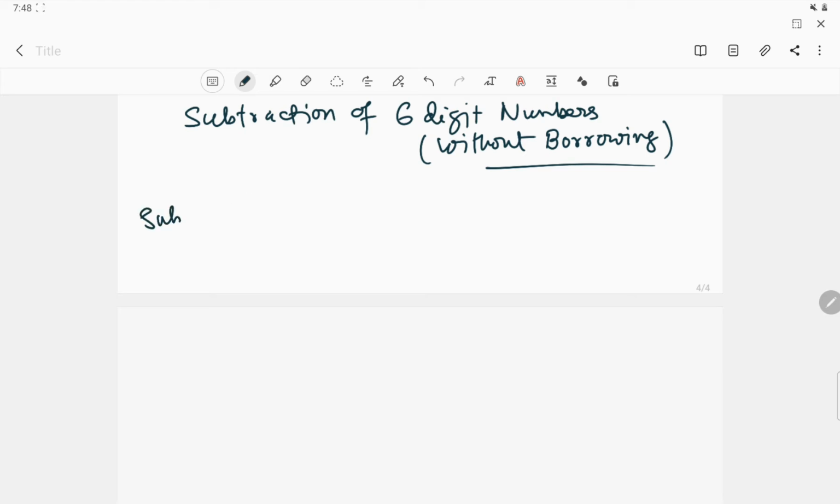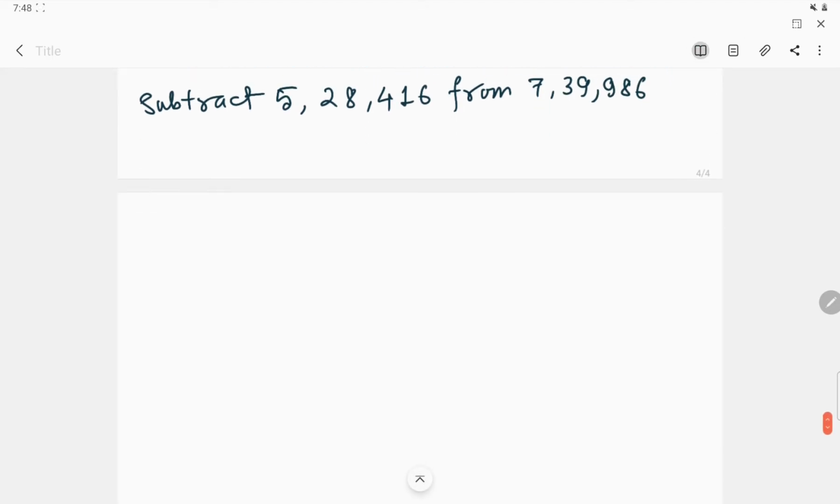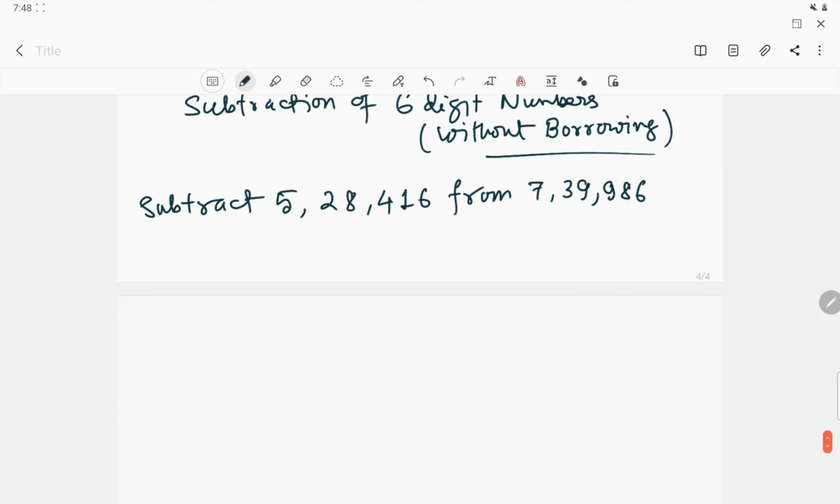Subtract 5,28,416 from 7,39,986. So you have to write the number column wise. So first of all you have to write the minuend, that is the bigger number.